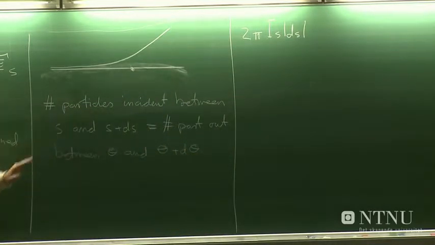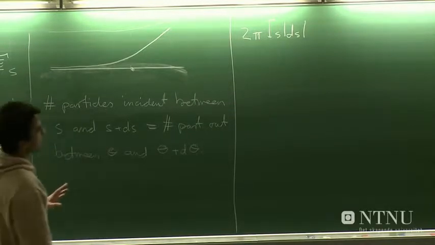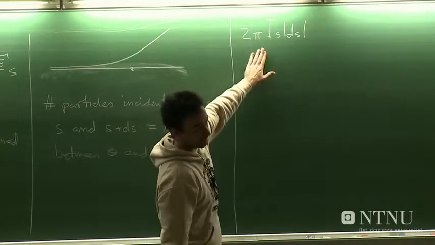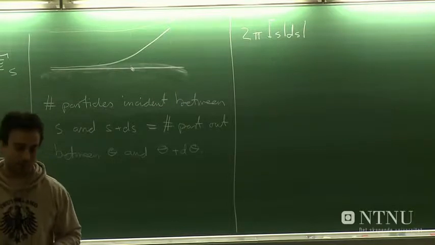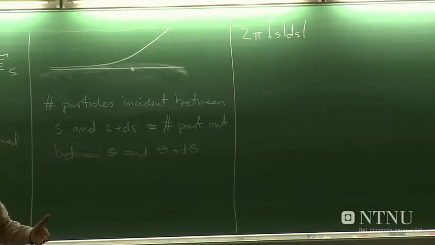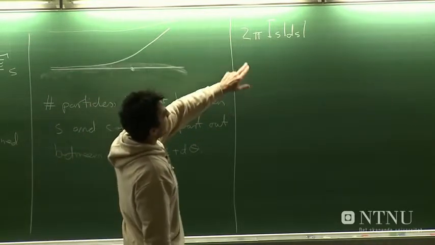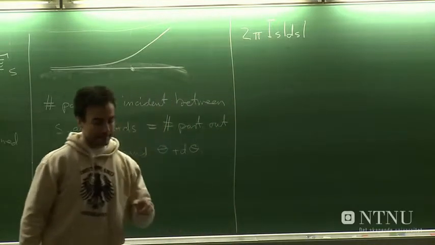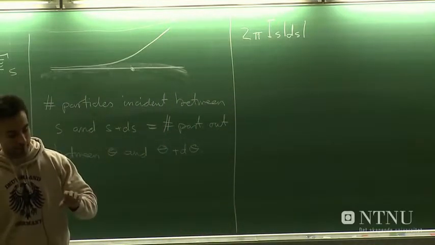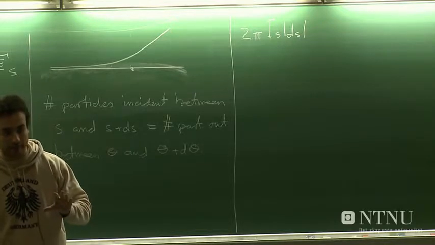So if we consider the left-hand side first, the number of particles incident between S and S plus dS should be written like this. To understand this, keep in mind that the intensity was defined as the number of incident particles per unit area per unit time. And 2 pi S dS is equal to the area of the cylindrical shell.